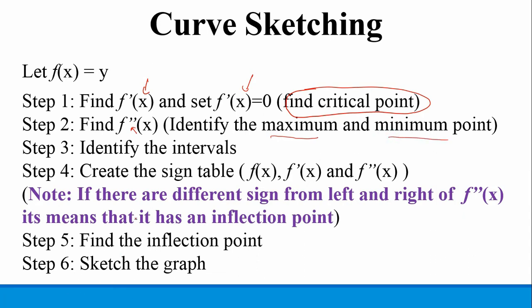After that you identify the intervals from step 1. Step 4 is you create a sign table, step 5 you find the inflection point, and step 6 you sketch the graph. There are 6 steps.